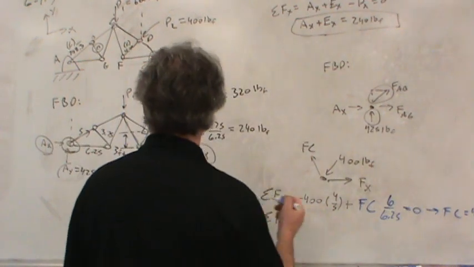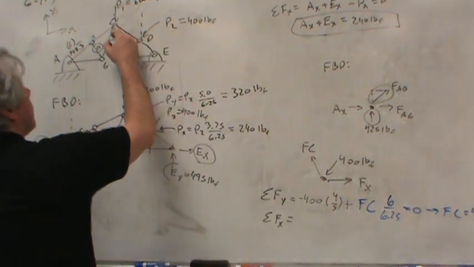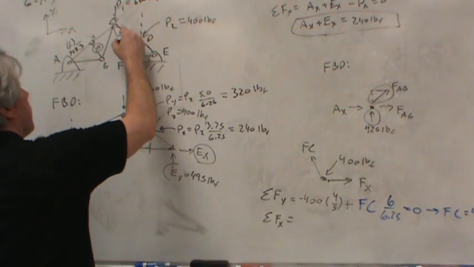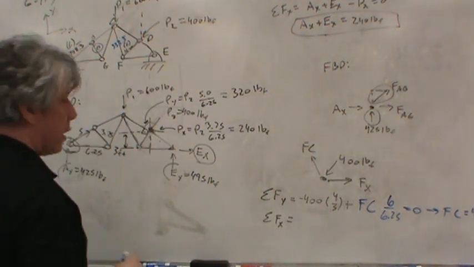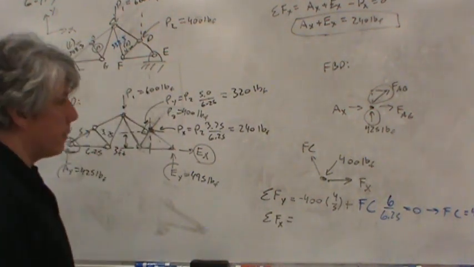I don't know, is that what everyone got? That's what I got, yeah. Okay, so we're right, 333.3 repeating, and this is member CF.